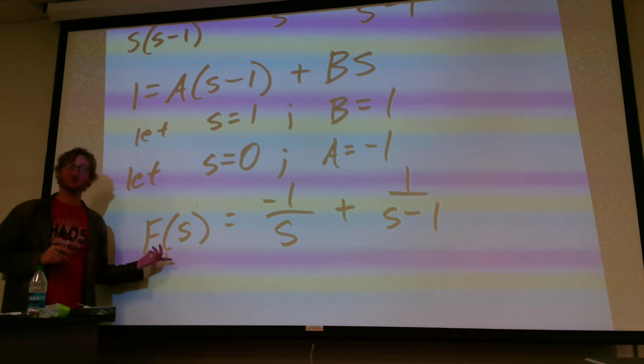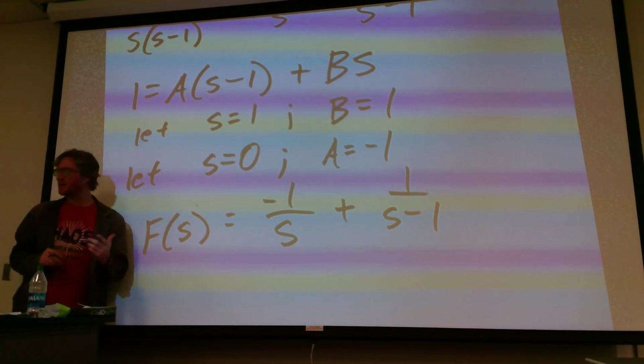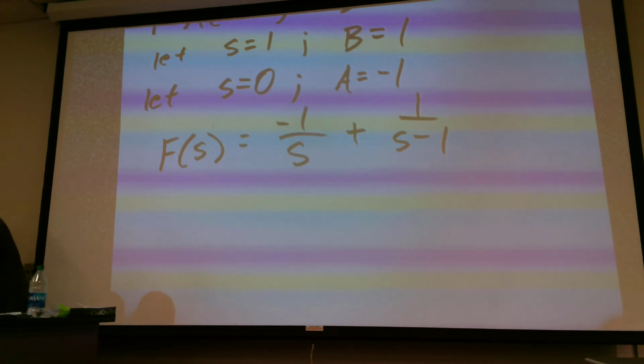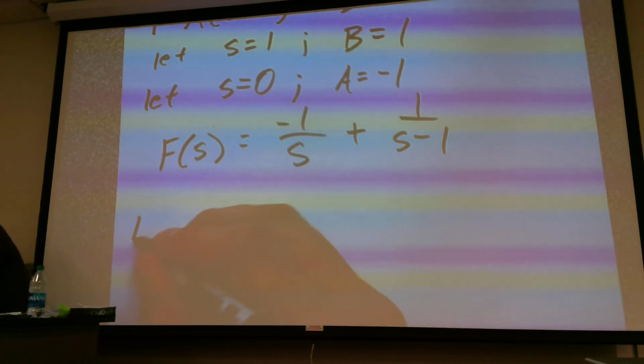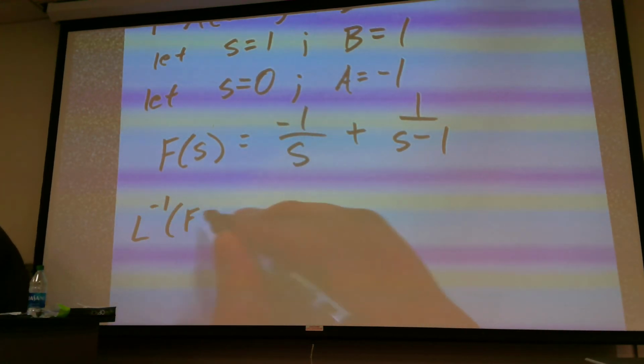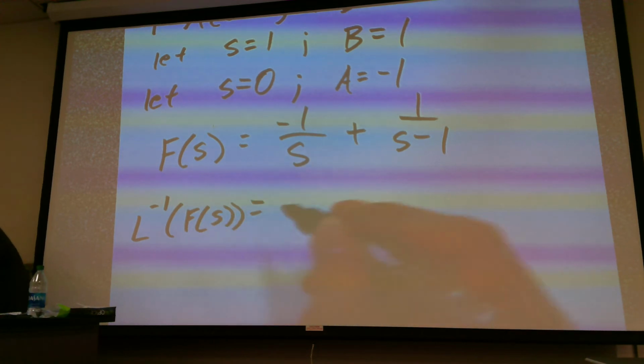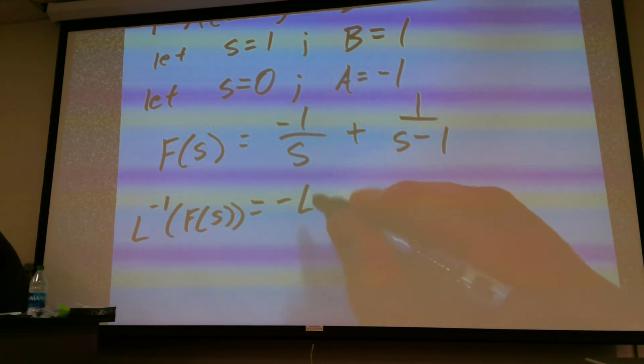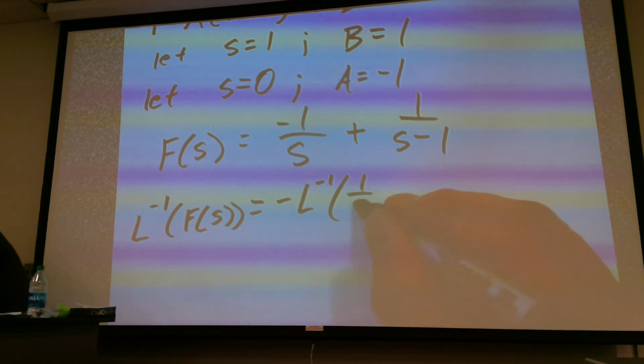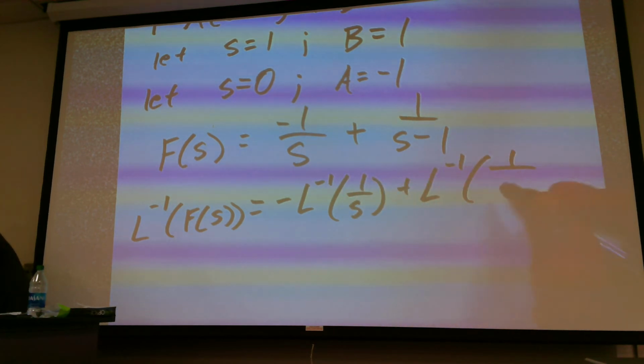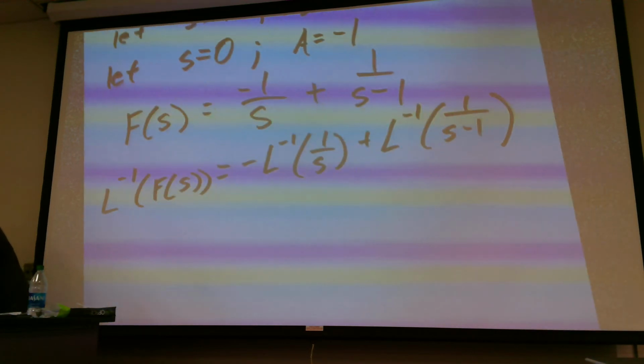So we're going to do the inverse transform at this point. L inverse of F(s) is going to equal negative L inverse of 1 divided by s plus L inverse of 1 divided by (s minus 1).